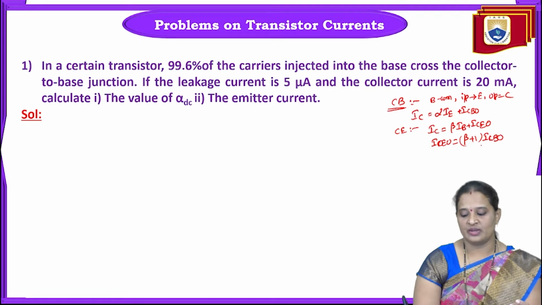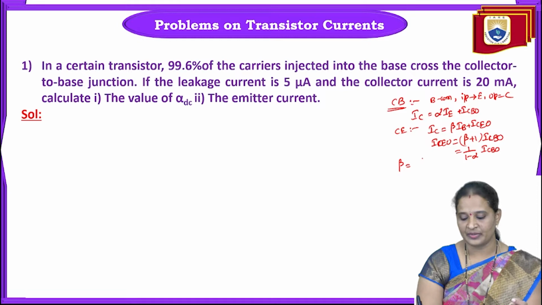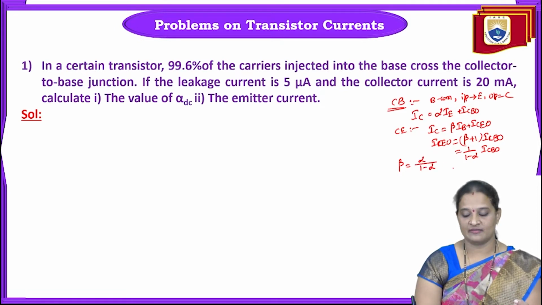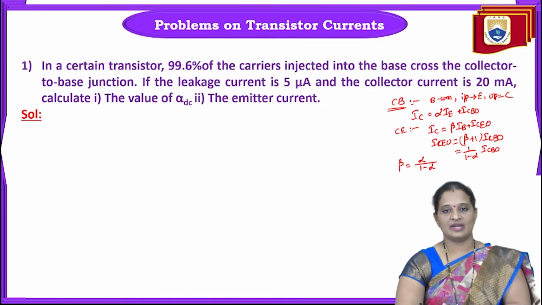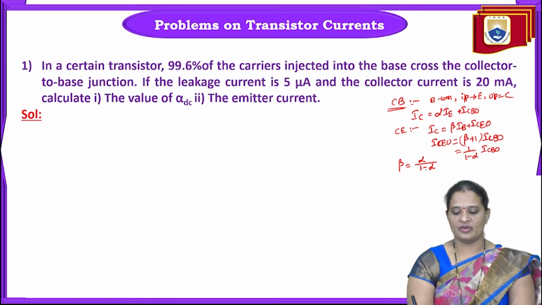Beta plus 1 is also written as 1 by 1 minus alpha, times ICB naught. And the relation between alpha and beta is beta equals alpha by 1 minus alpha. So these are some of the relations between transistor current components in common base, common emitter and even common collector.